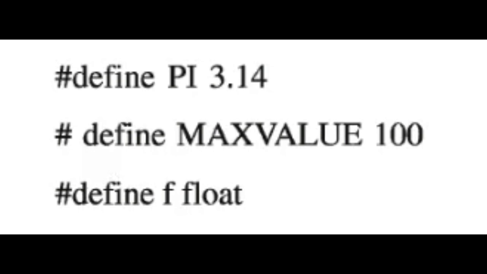When we compile our program, wherever the compiler finds pi or MAXVALUE or f, it will replace it with this value before generating the output. That is why it is called a preprocessor directive statement.